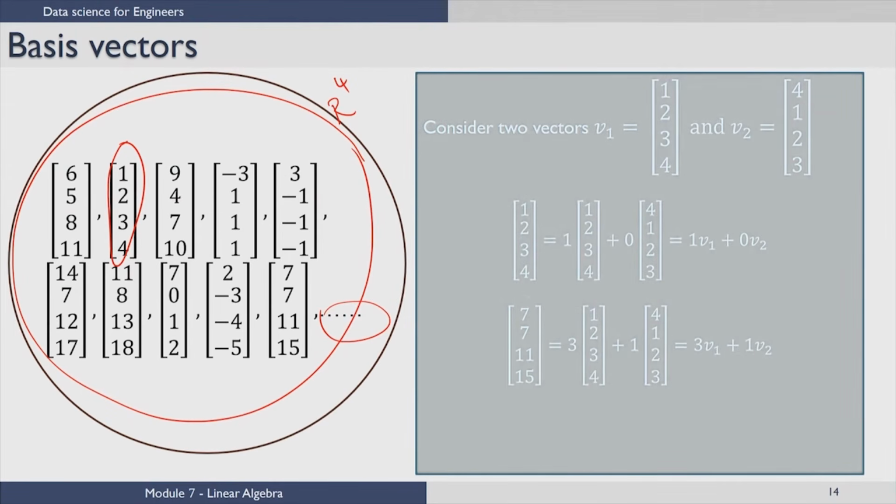I can see that I can write it as 1 times the first plus 0 times the second vector. So, that is one linear combination. Now, let us take some other vector, for example 7 7 11 15. We can see that it can be written as a linear combination of 3 times the first vector plus 1 times the second vector, and so on.